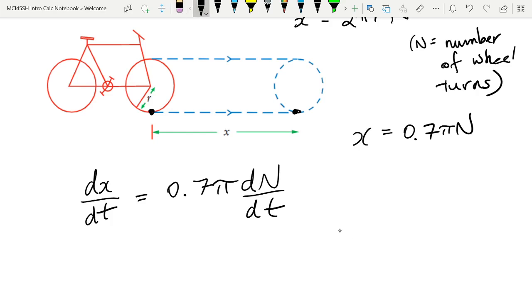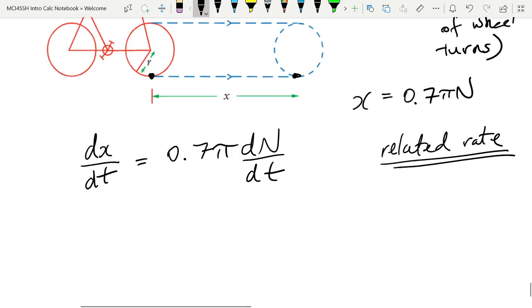That's why in calculus we call these related rate problems, and related rate problems are always going to end up needing implicit differentiation. The implicit differentiation here is actually really easy because n is just a single variable. There's nothing fancy about n.